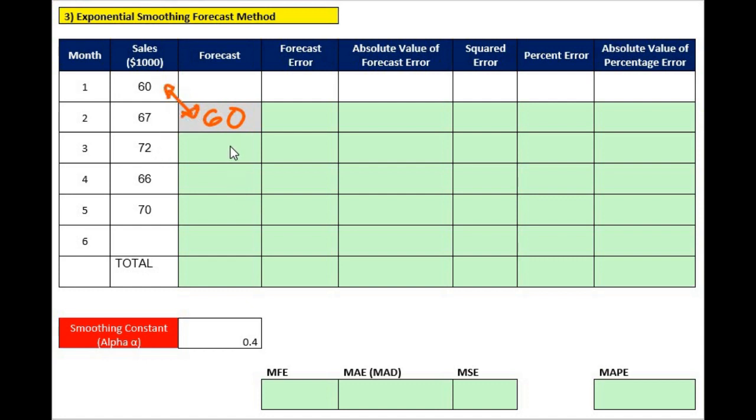Our formula for the succeeding months, from month 3 on, will be the forecast plus the value of your alpha, which is constant. We have it here. That would be 0.4 times the quantity of your actual sales minus your forecast.